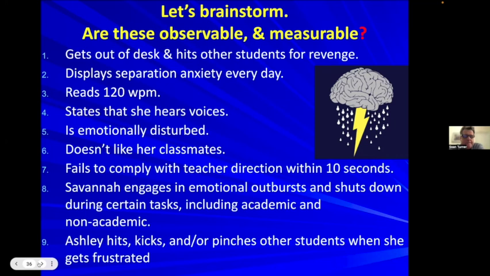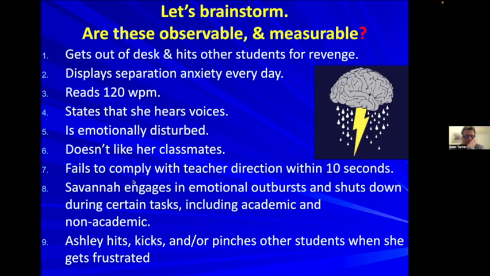We're getting a lot of number threes, but I'm not sure whether they're being graded as observable and measurable or not. I think three is measurable, seven is observable.